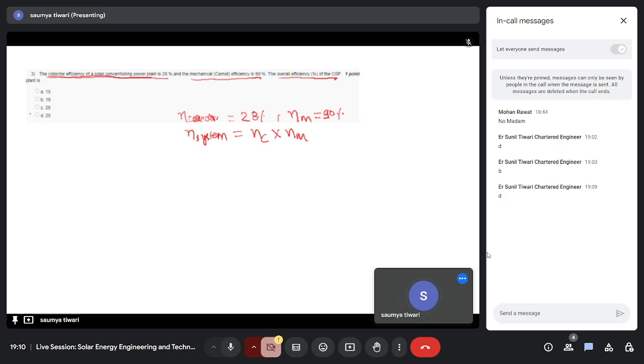If you multiply these two, it is 0.28 times 0.9, which, in percentage, comes to 25.2%. So the correct option will be option D only.